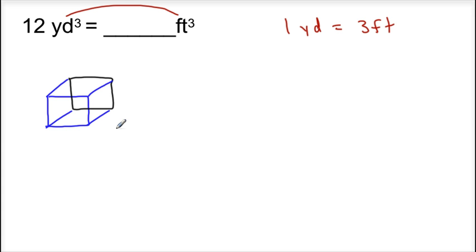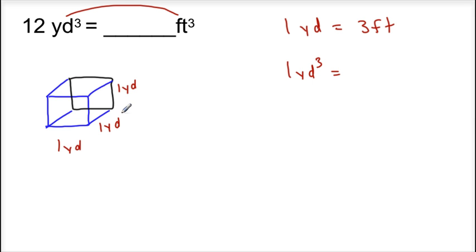So 12 cubic yards equals how many cubic feet? 1 cubic yard is equal to how many cubic feet? Well, 1 cubic yard means I have 1 yard times 1 yard times 1 yard, right?